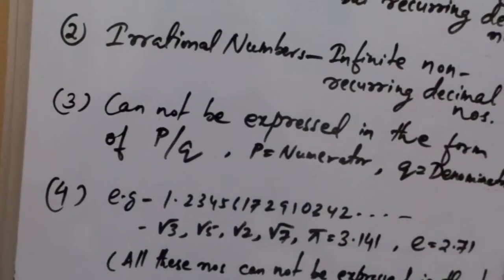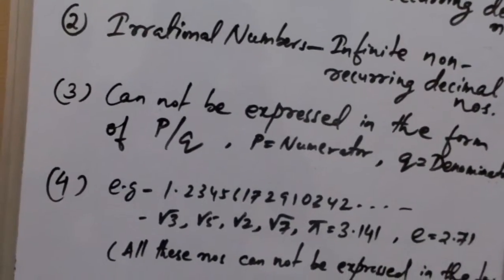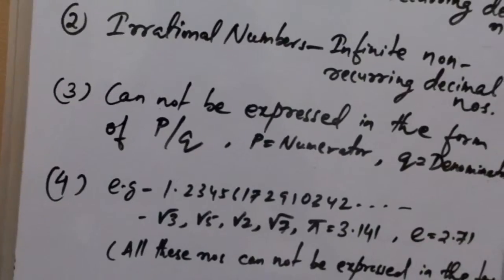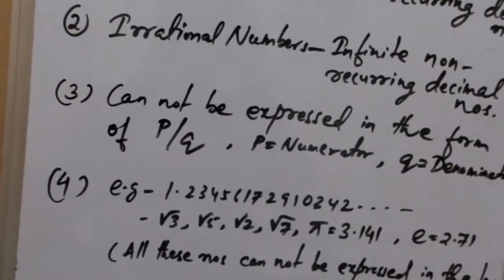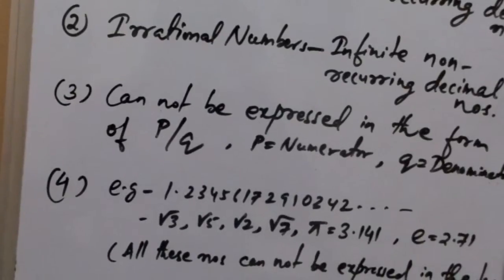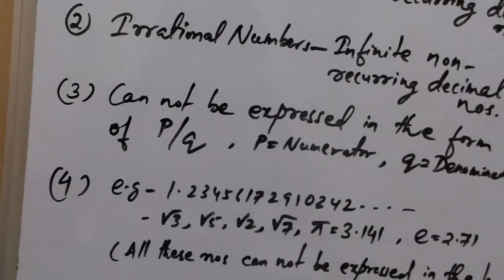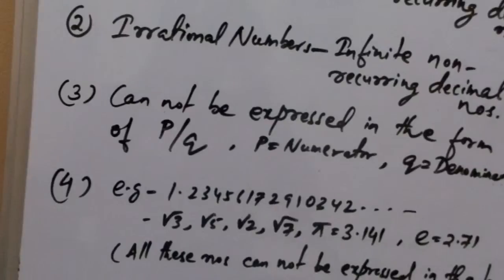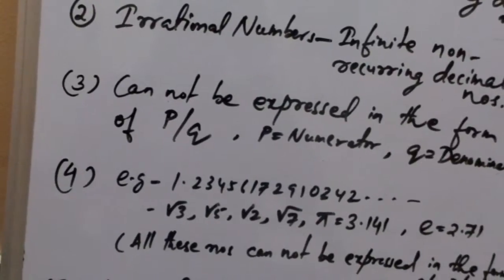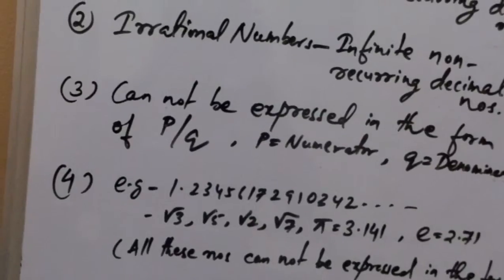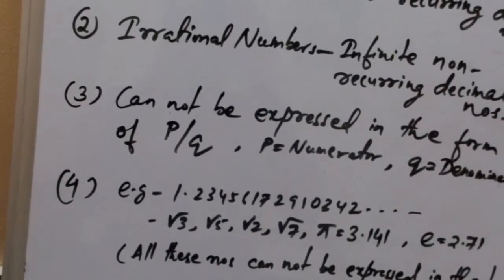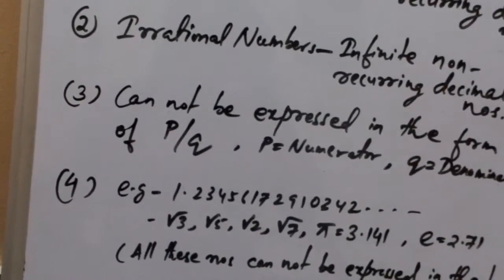I know the doubt here is, we normally take the value of pi as 3.141 and the value of e as 2.71. But do you really think that is the final value of 3.141? No, we are rounding off the decimal values, as it is an infinite value after the decimal.